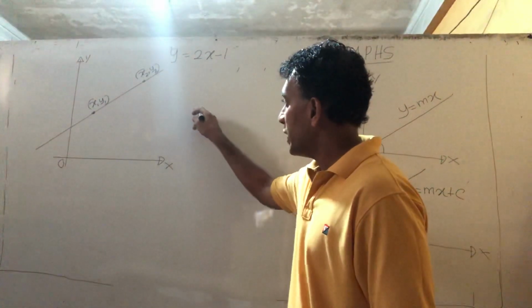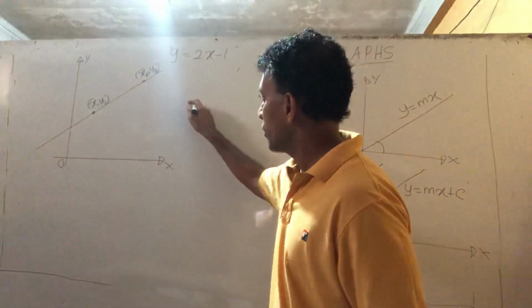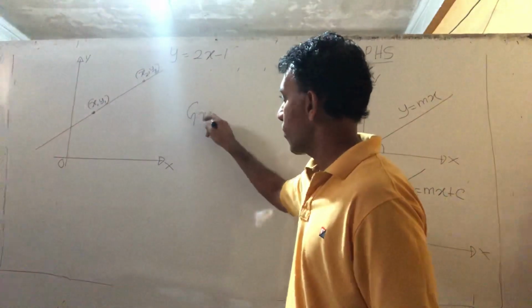Then write m equal m for the gradient. Say gradient, we write English gradient.